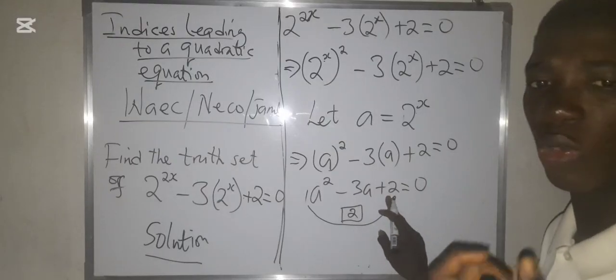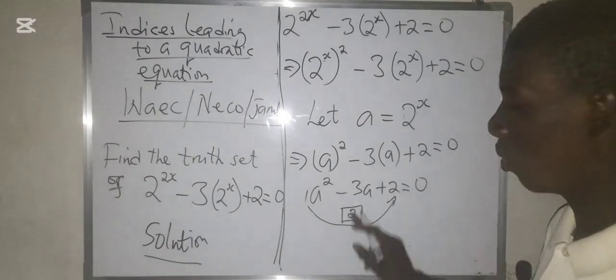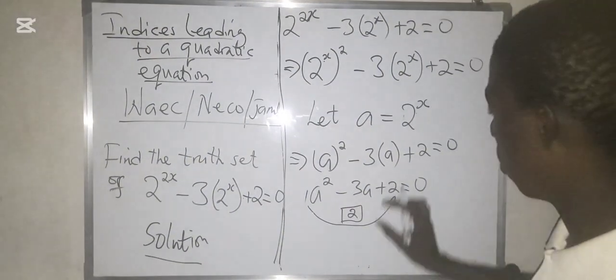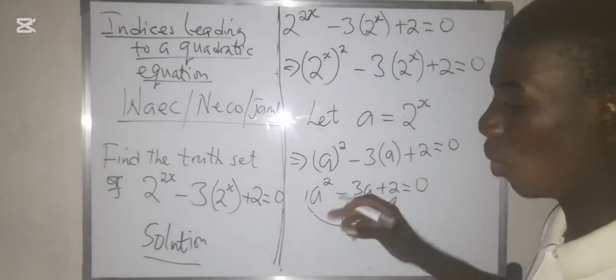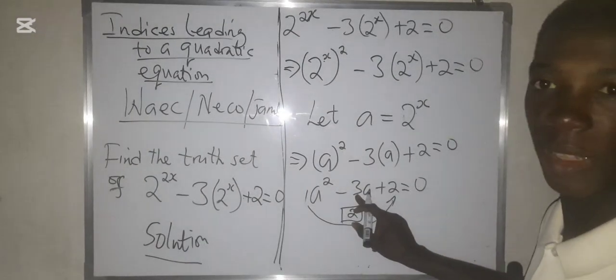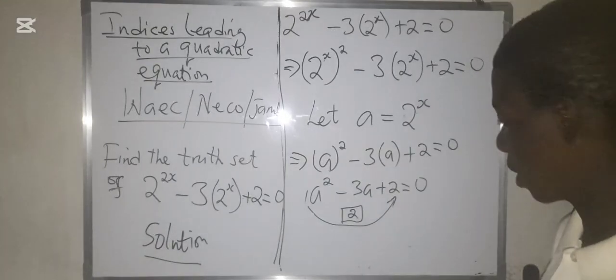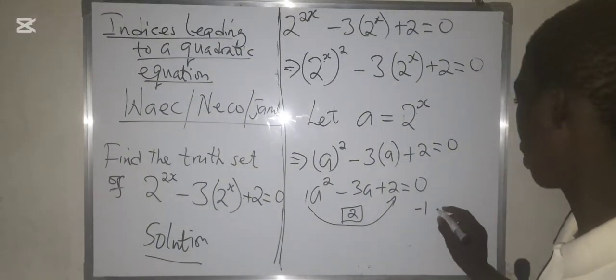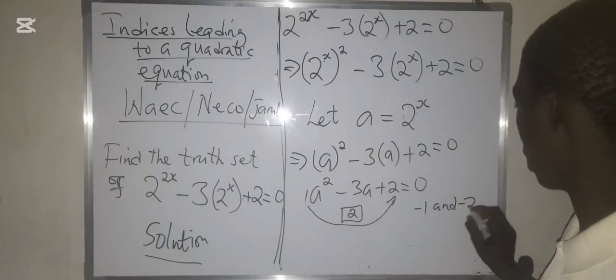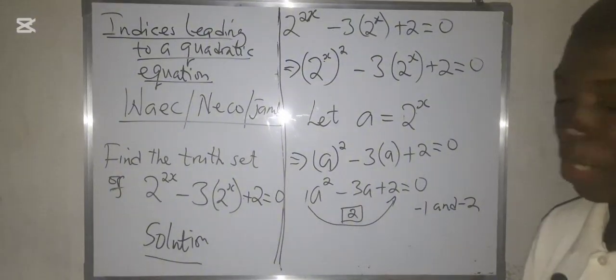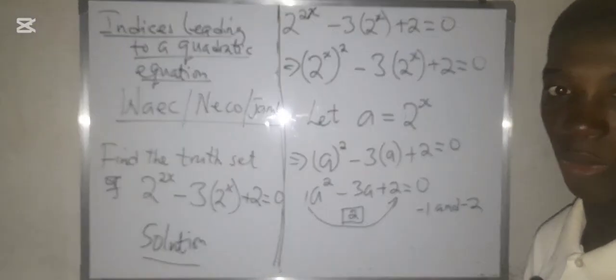Now we think of two numbers that when we add, we have negative 3, and when we multiply, we have positive 2. Of course, the two numbers are negative 1 and negative 2.